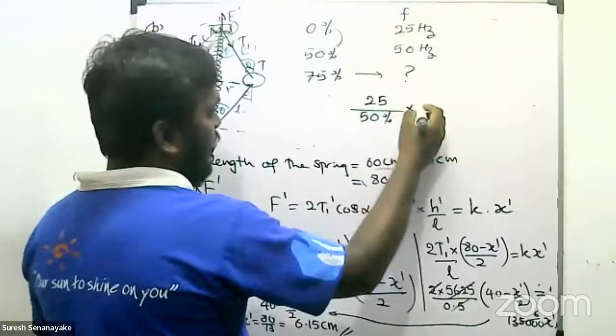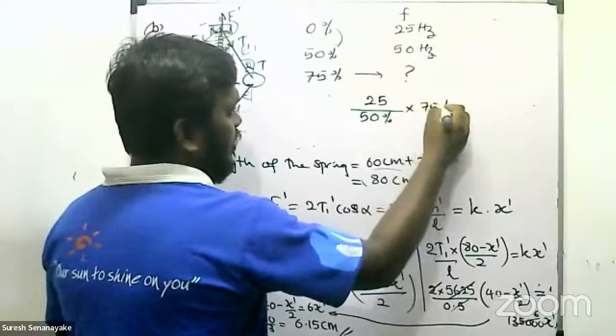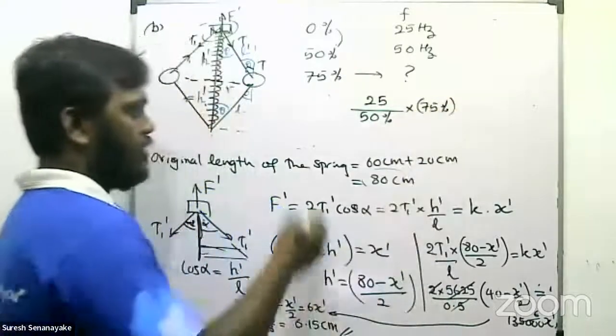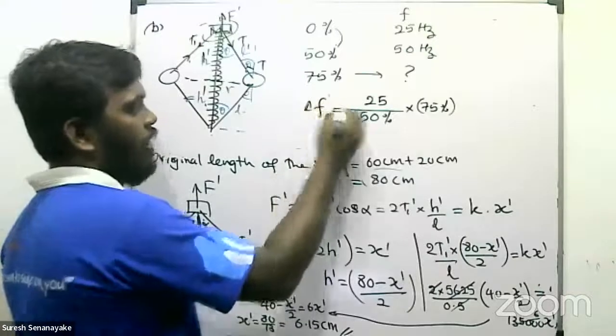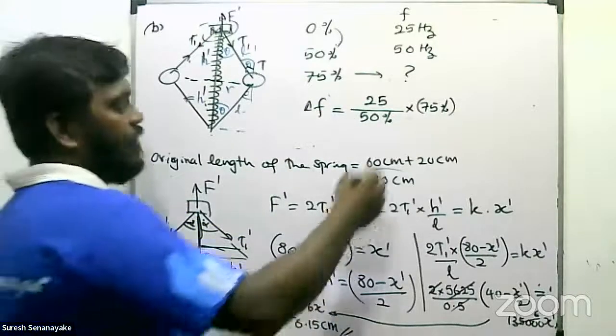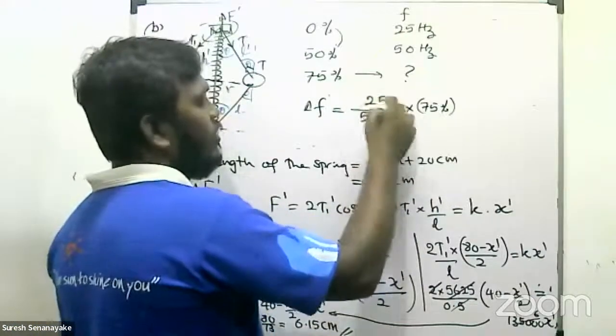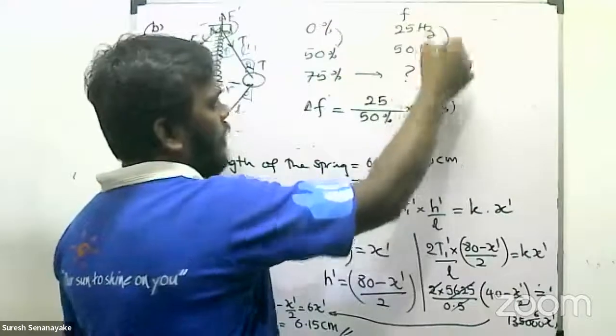And then you can find what is the 75% increase. That's the delta frequency. How much does the frequency increase for 75% of block? For 50% block it is increased by 25 hertz, from 25 to 50.